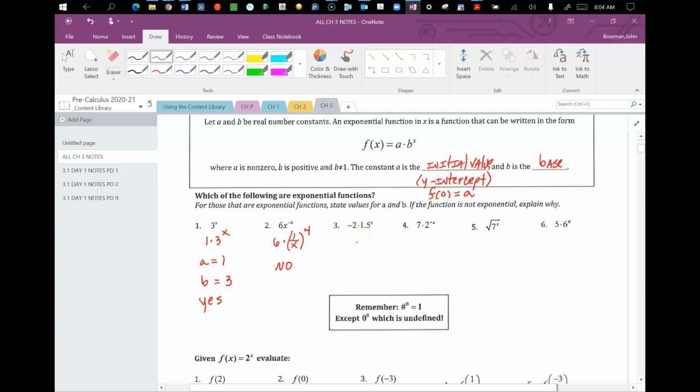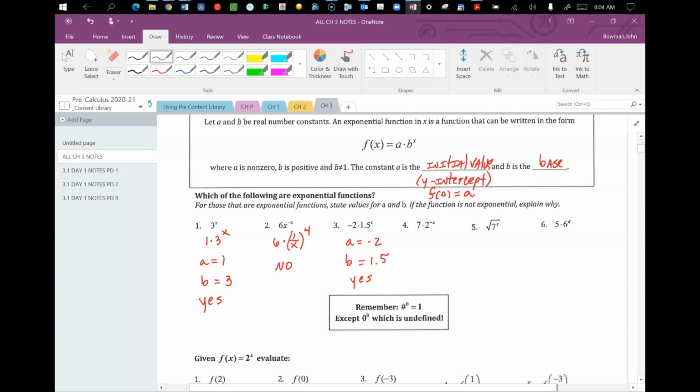Number 3, a is equal to negative 2, b is equal to 1.5, and a is not 0, b is positive and not equal to 1. So yes, this is also an exponential function.